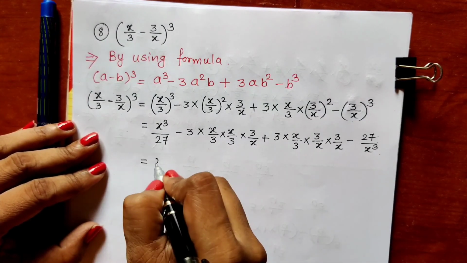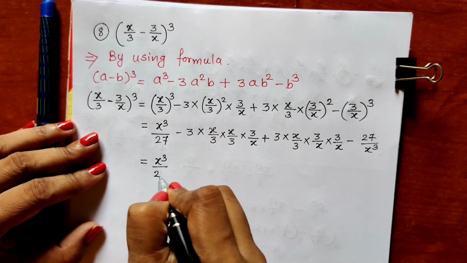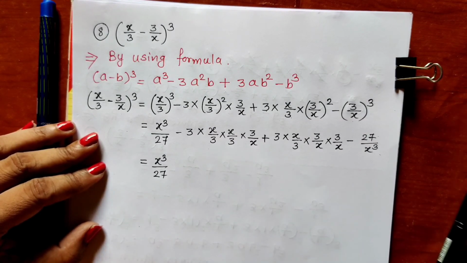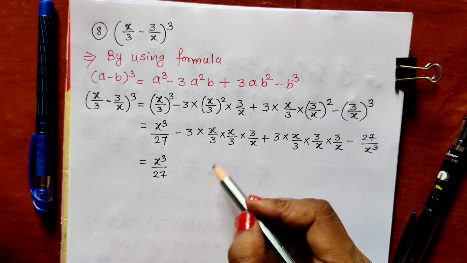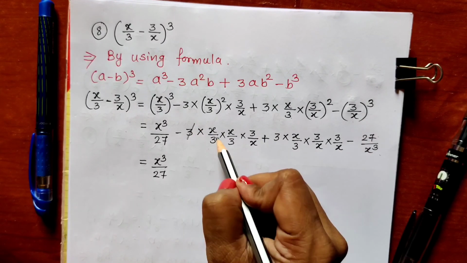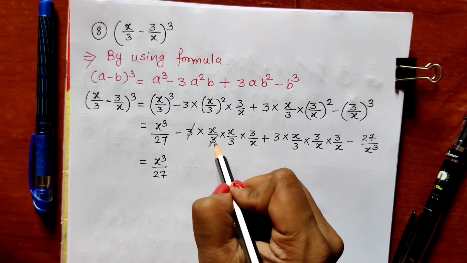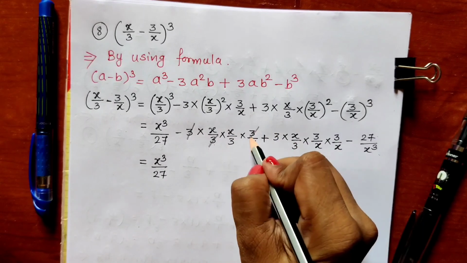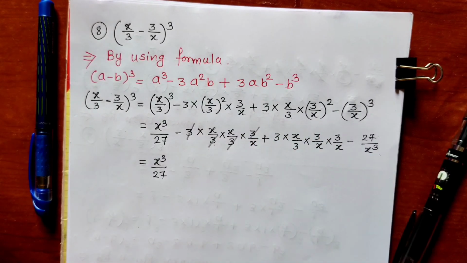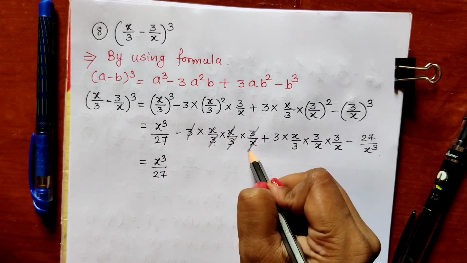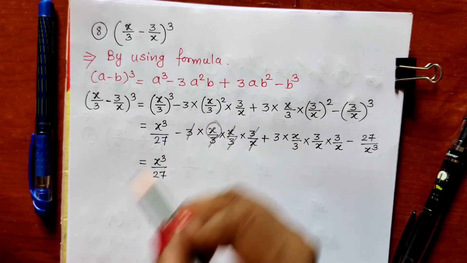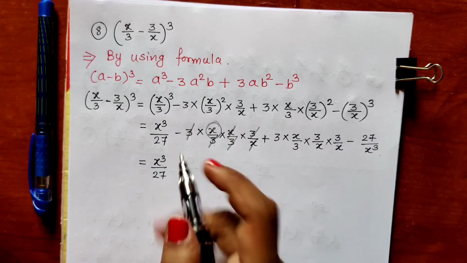Now write the first term as it is, x cube upon 27. Now let us cancel numerator with denominator here: 3 in the numerator with 3 in the denominator, 3 with 3 again, x with x, only a single x is remaining here, so minus x.